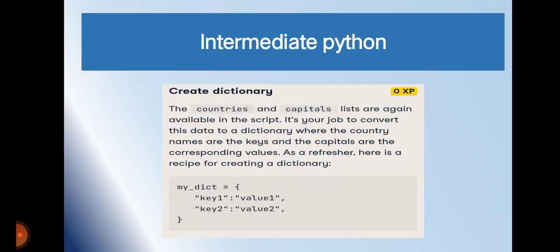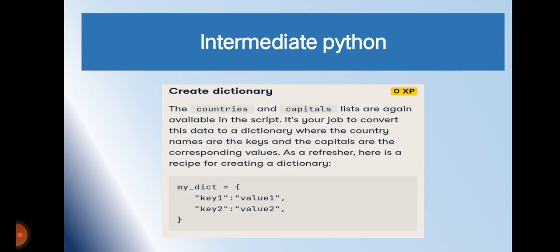The other topic in intermediate Python is creating a dictionary. How to create a dictionary? For example, the countries and capitals lists are again available in the script. Your job is to convert this data to a dictionary where the country names are the keys and the capitals are the corresponding values. As a refresher, here is a recipe for creating a dictionary.